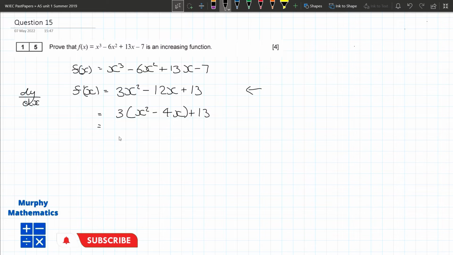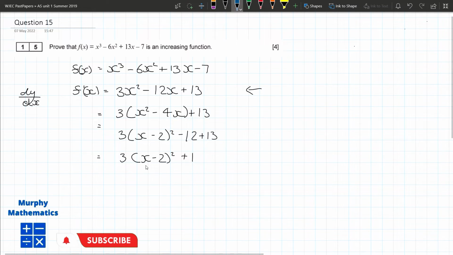So here we go. So we now have 3 lots of x minus 2 all squared, and then we're going to take out, so here we have 2, so we've got 4 times 3, so we've got minus 12 plus 13. Okay, so this then will become 3 lots of x minus 2 all squared plus 1. Okay, so we need to find our minimum point, and that's when this bracket is equal to 0.